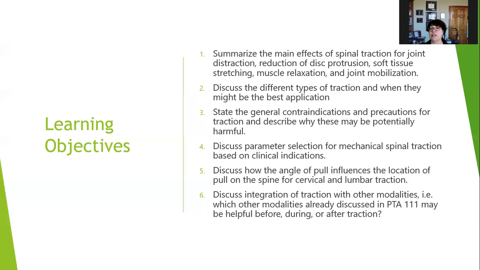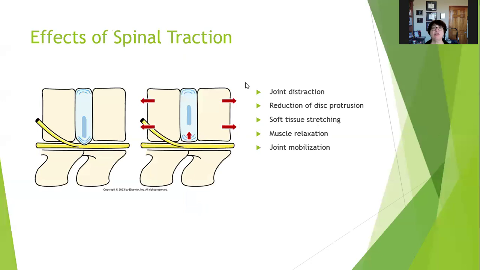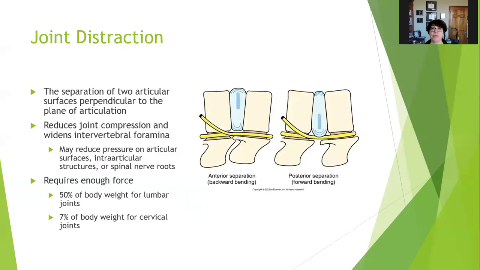So other modalities that we talk about in this class, might they be helpful before, during, or after traction? We'll talk about it. So spinal traction, mechanical or manual, can be used for joint distraction, can help to reduce disc protrusion. It can help with soft tissue stretching, muscle relaxation, and joint mobilization.